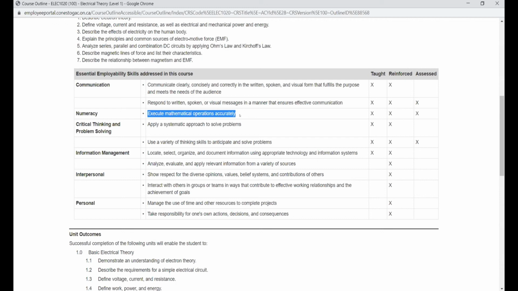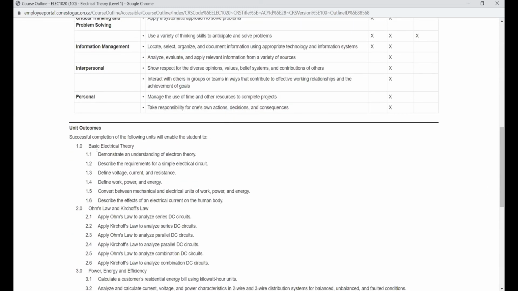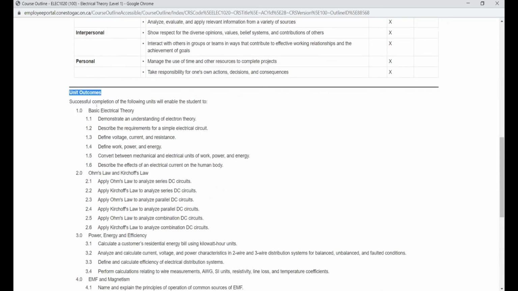We are going to concentrate on getting back those mathematical skills, number 1, and number 2, we are going to get started with the first part of the unit outcomes that we have for this course. Those are the basic electron flow theory.